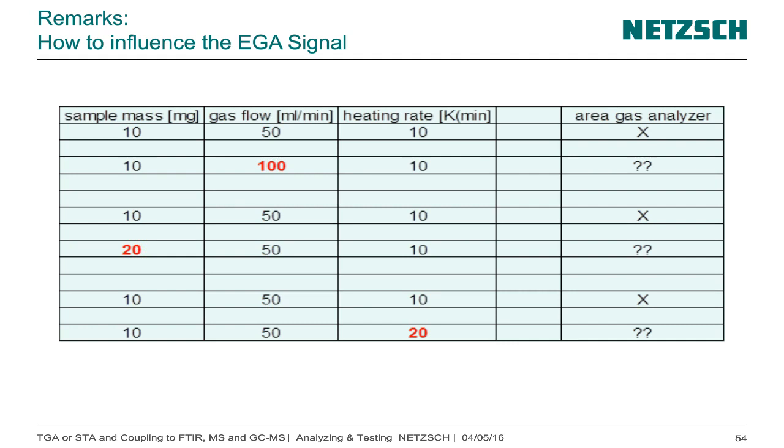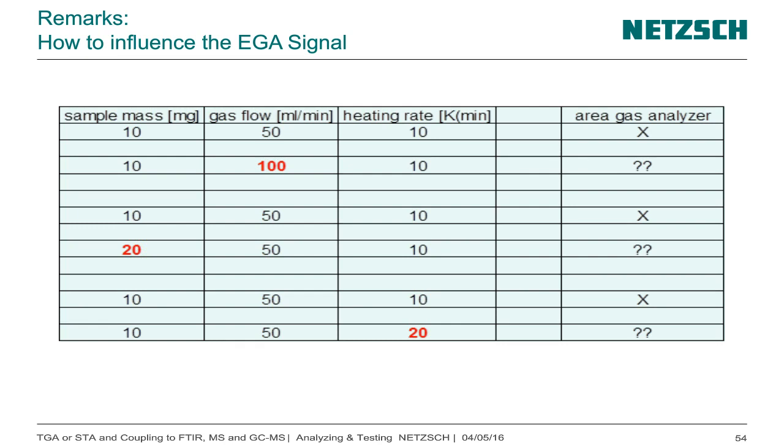And for sure, with every gas analyzer, totally independent whether you take an MS, an FTIR, a GCMS, or other gas analyzers which you couple to your thermoanalytical instrument, you can influence it by sample mass, by gas flow, and by heating rate.